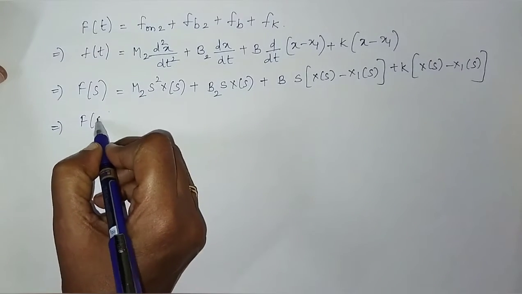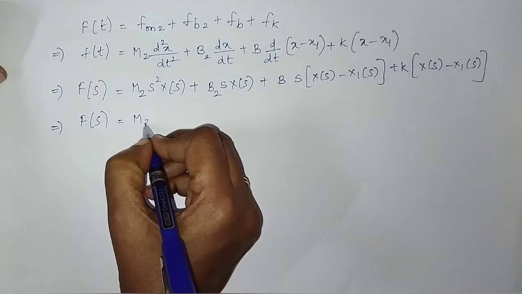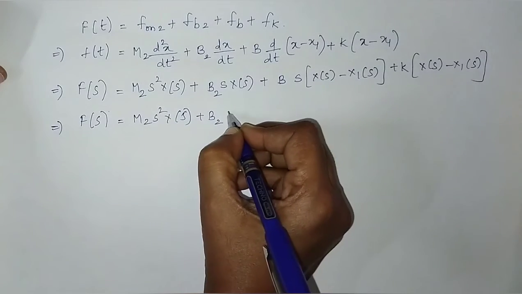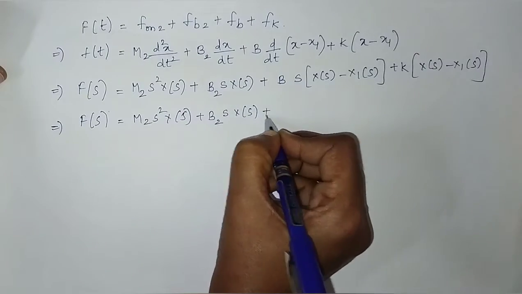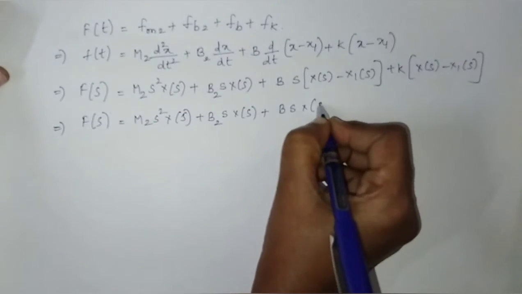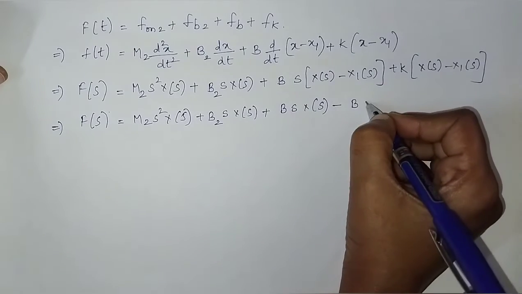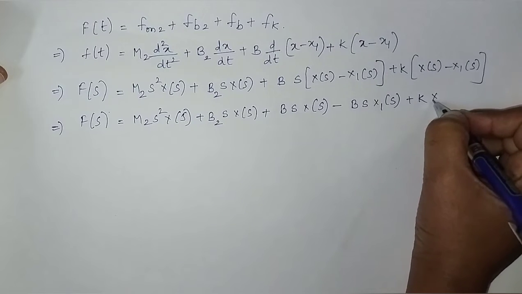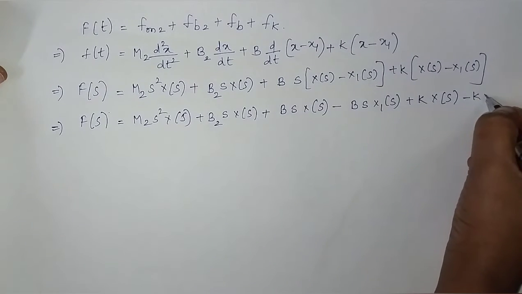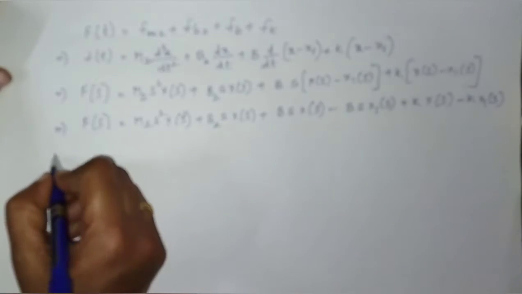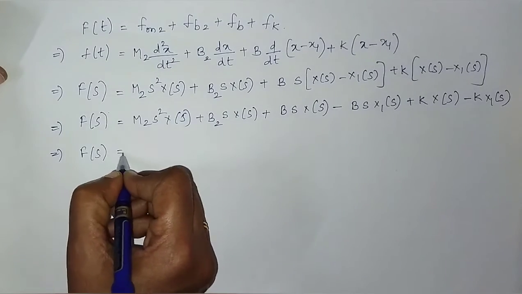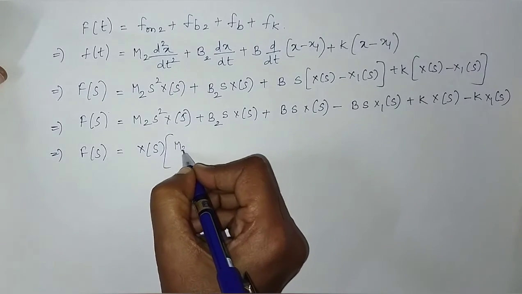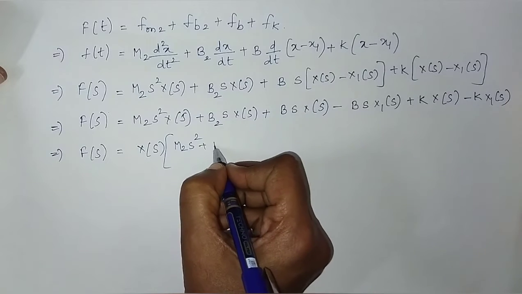Now here F of s equal to m2 s square x of s plus b2 s into x of s, plus b s x of s minus b s x1 of s, plus k into x of s minus k into x1 of s.